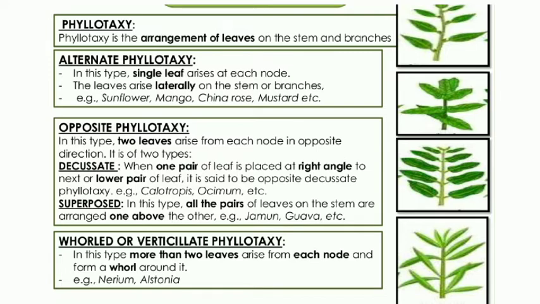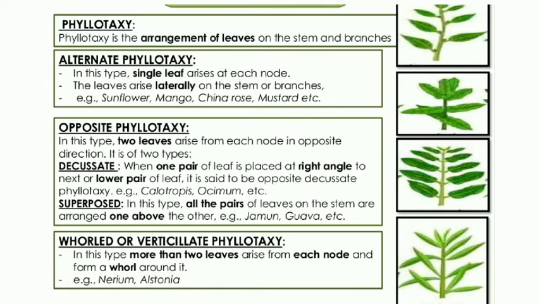Phyllotaxy is nothing but the arrangement of leaves on the stem and branches. We have three basic types of phyllotaxy: alternate, opposite, and whorled. You can see the first diagram, which shows alternate.